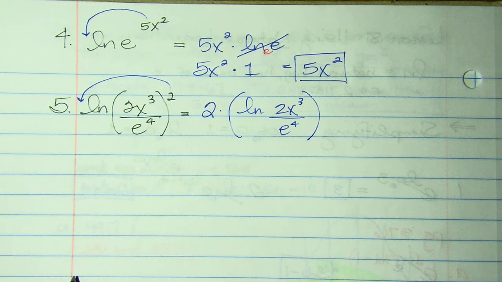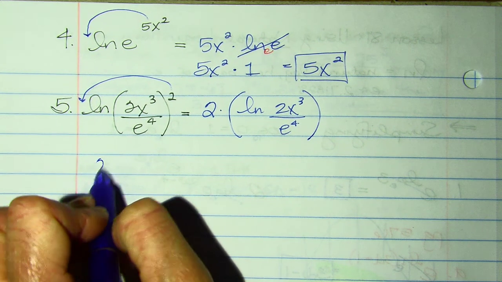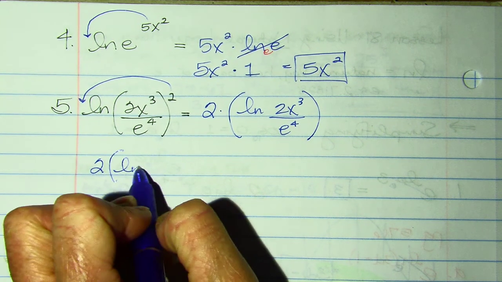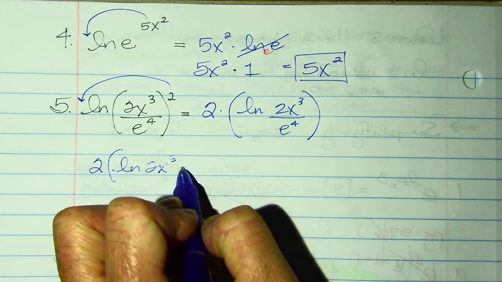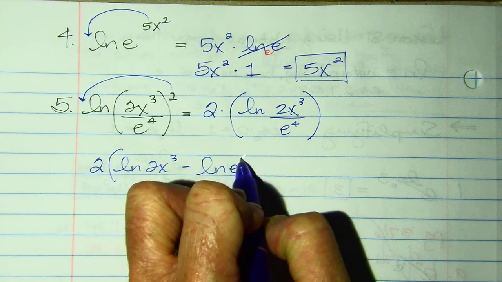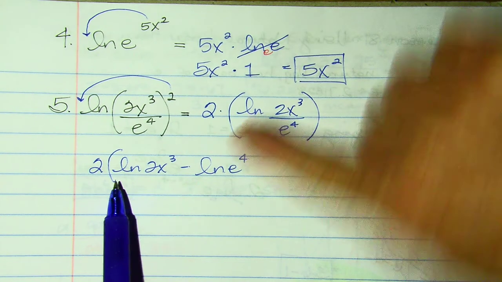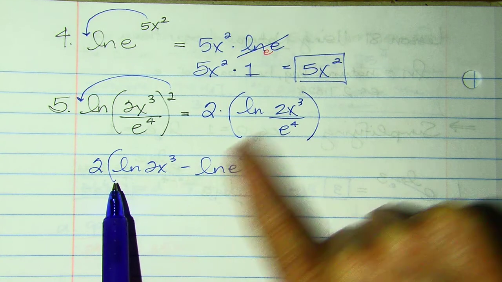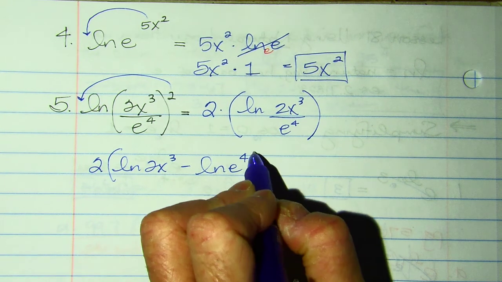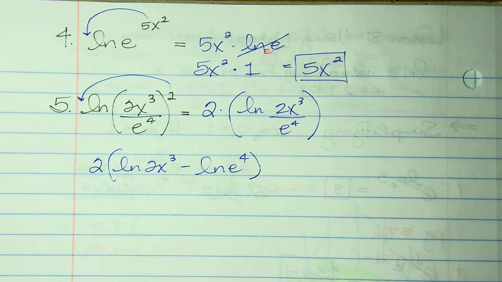Now I'm going to do the quotient property. So I have 2 times the natural log of 2x cubed minus the natural log of the bottom. So I have the natural log of the top, and then division, look, it almost is like the same symbol. They're both straight lines across, minus the natural log of e to the 4th.